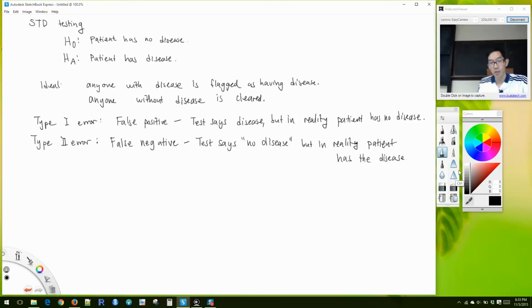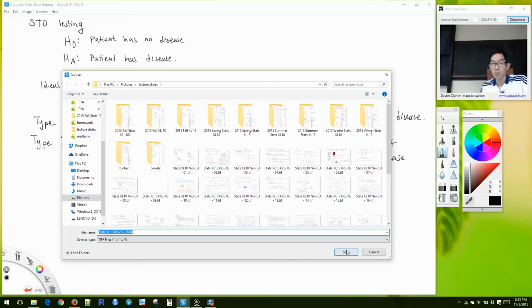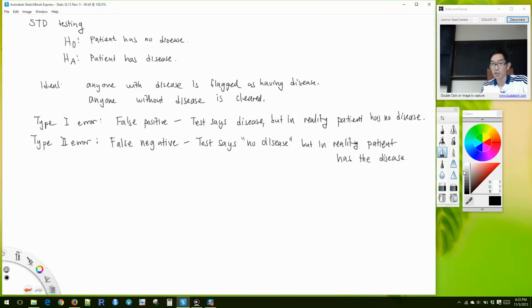So what would we say is the worst error to make? The false negative, right? Ideally we don't make either kind of mistake, but the false negative would be worse, because now you have somebody who thinks he or she has no disease and could possibly transmit it to other people.